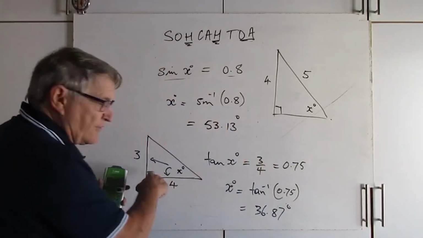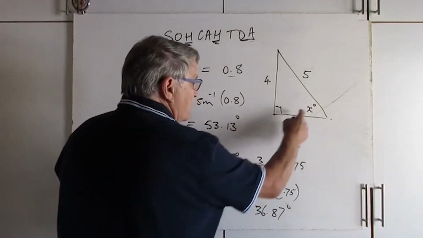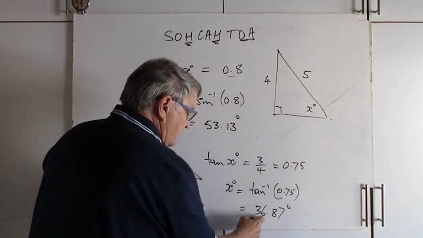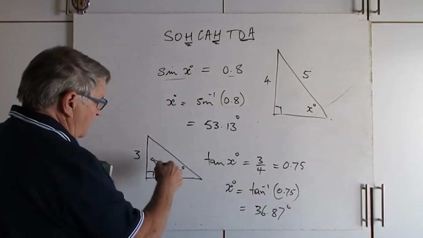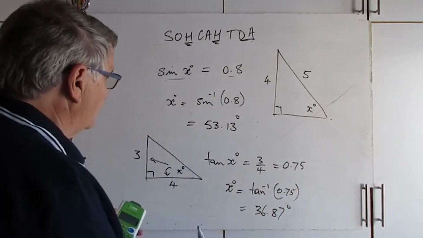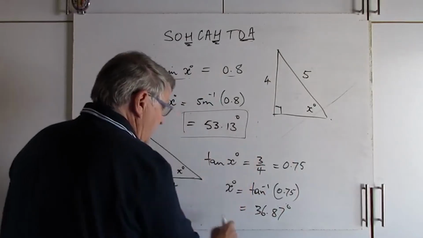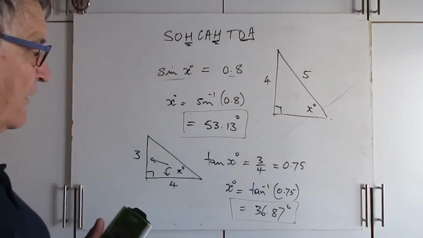So again we're looking at a 3-4-5 triangle, aren't we? So 53.13 down here, and 36.87 up here. Okay, so this would be the 5, this would be the 3, and these are the angles, 53.13 and 36.87, that are in every 3-4-5 triangle.